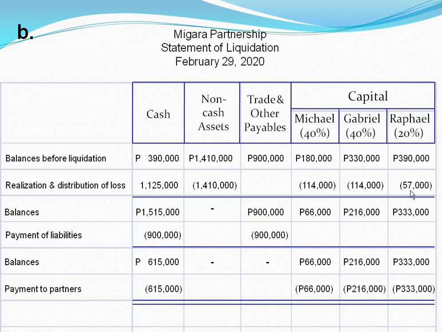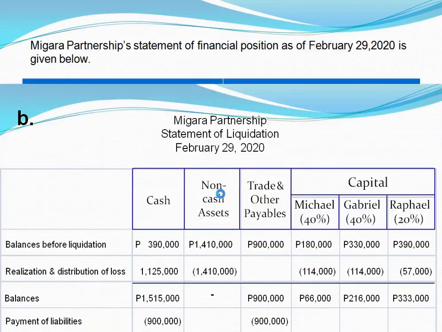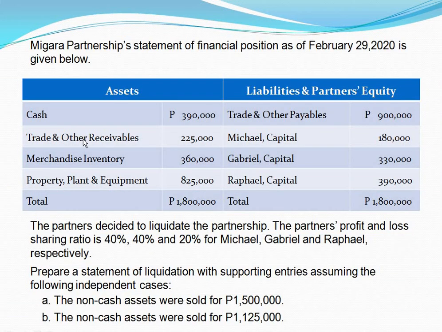Debit Rafael capital for 57,000. Then credit trade and other receivables for 225,000, merchandise inventory for 360,000, and property, plant, and equipment for 825,000.